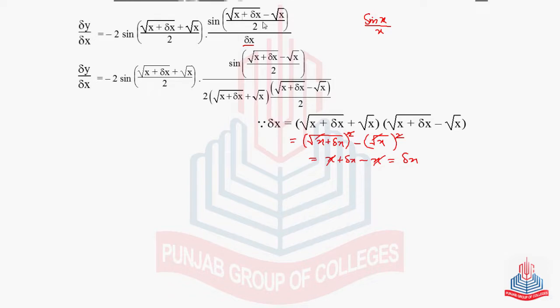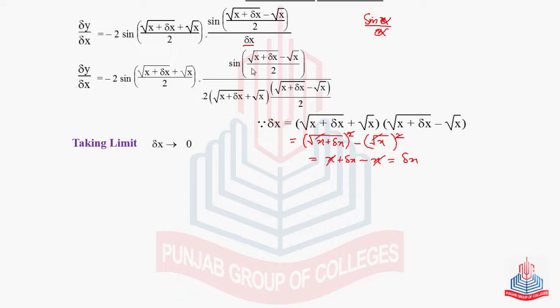So to complete this one, this delta x will be replaced by this whole expression, square root of x plus delta x plus square root of x and square root of x plus delta x minus square root of x, and this 2 will be multiplying and dividing by this expression, so that we have sine alpha dividing by alpha, and now we have exactly the same denominator, which is used as an angle in the sine expression.